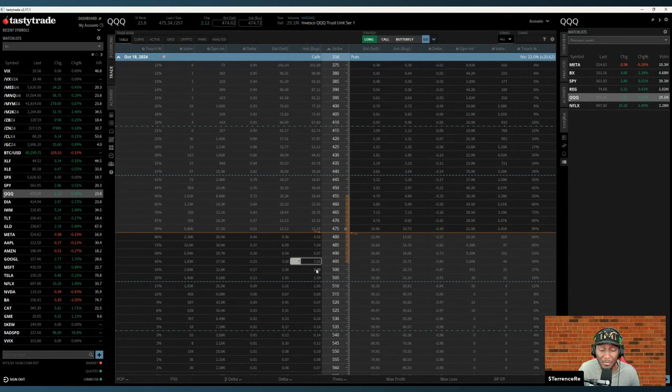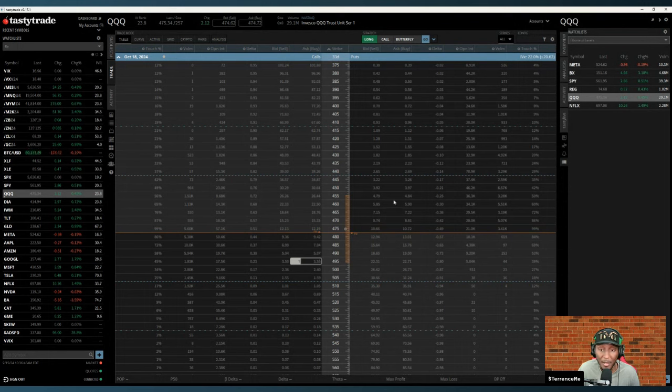Currently, if someone was to buy this call option right now, it would cost them anywhere between $350 and $355, right? And let's say it was to go in the money, it would be worth about $1200. That's close to 4x on your money. That's an outside chance of it doing that.